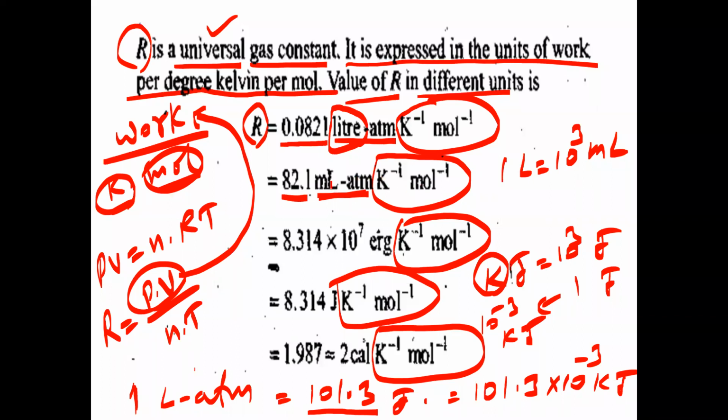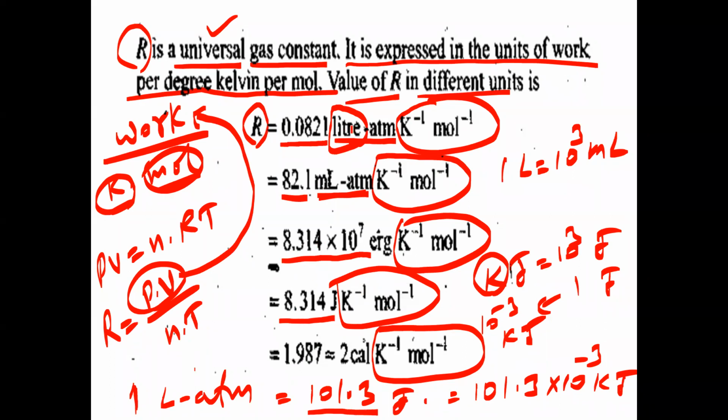Sometimes in bits they may ask you the R value in milliliter atmospheres. We are just converting liters into milliliters. That's all. Next, 8.314 into 10 power 7 ergs. Here, 8.314 joules we know. How did we get these joules?